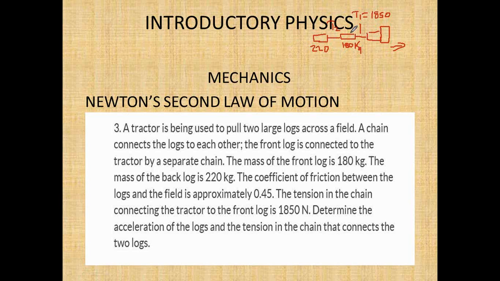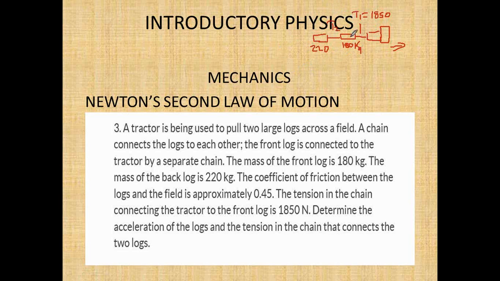Then the frictional force. What we have to do is look at just this portion of the system. They didn't give you the weight of the tractor trailer, but that's irrelevant.